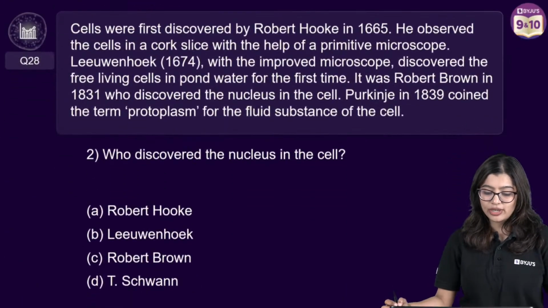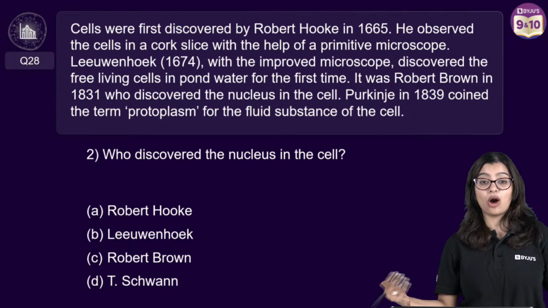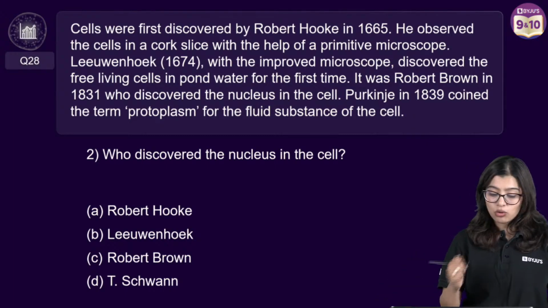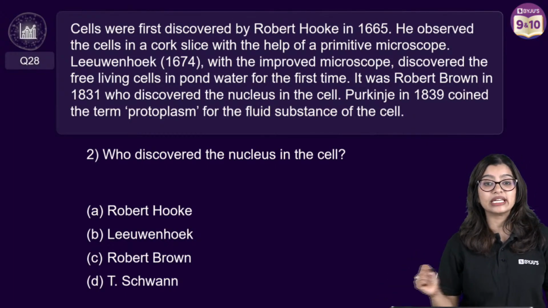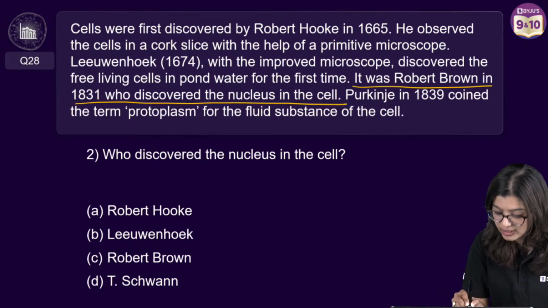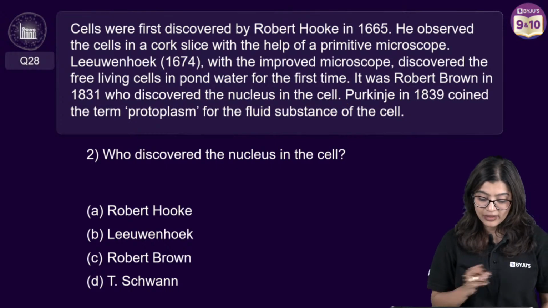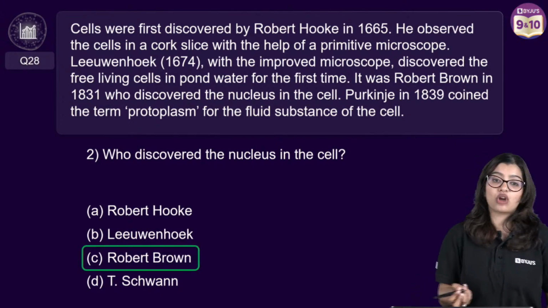Next up, who discovered the nucleus in the cell? Was it Robert Hooke, Leeuwenhoek, Robert Brown, or Schwann? Who was responsible for discovering the nucleus? Now in your question only they have said that Robert Brown was the one who discovered the nucleus. So in this case, the answer would be option C, which is Robert Brown.